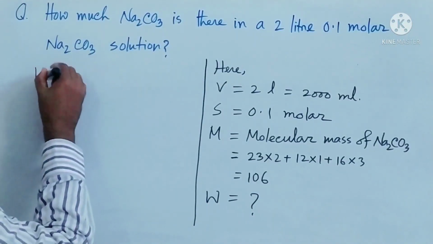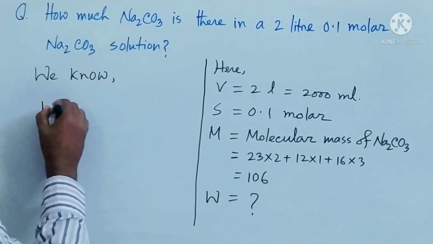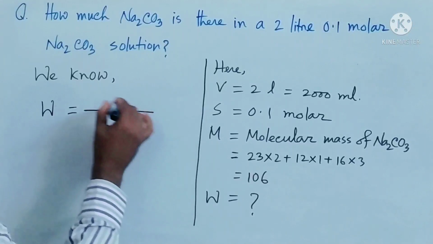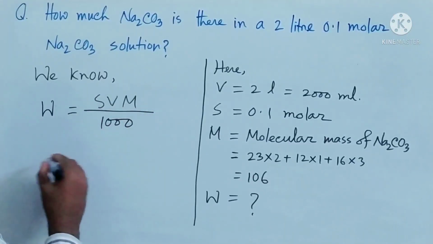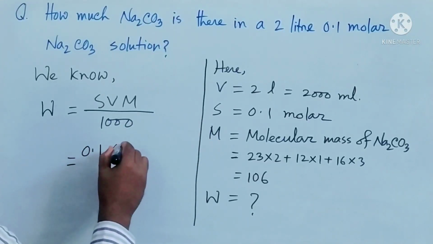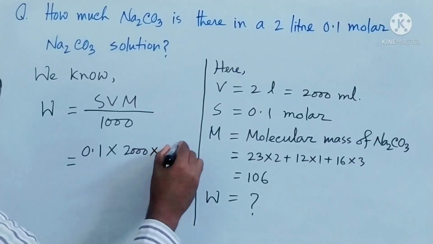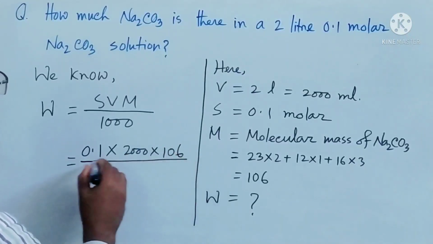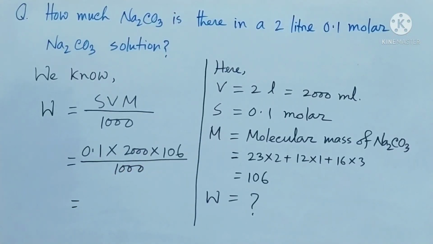So now we know amount of solute equals S into V into M divided by 1000. Now by putting the value, we will get the answer easily. It is 2000, it is 106, then it is 1000 divided by, then by using the scientific calculator we can easily find out the answer.